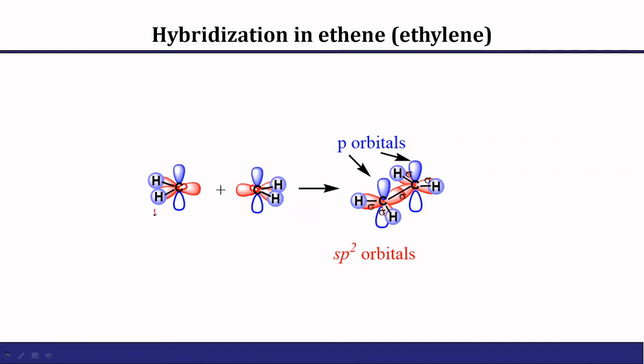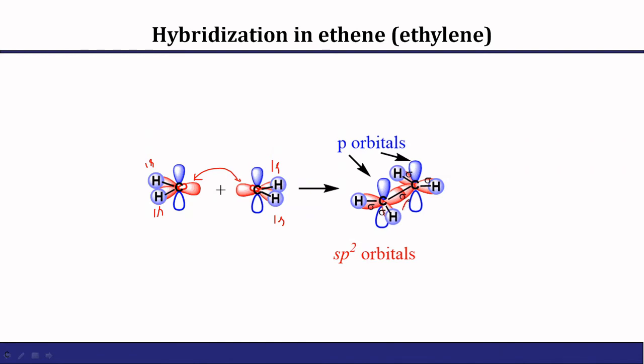Out of these 3 lobes, 2 lobes make bonds with hydrogen atoms by combining with the 1s orbital of hydrogen. The other lobe is ready to make a bond with another carbon atom which also has an sp2 hybridized orbital.